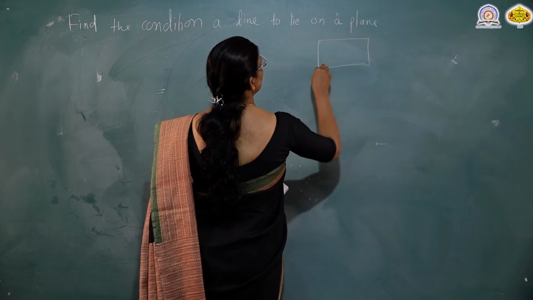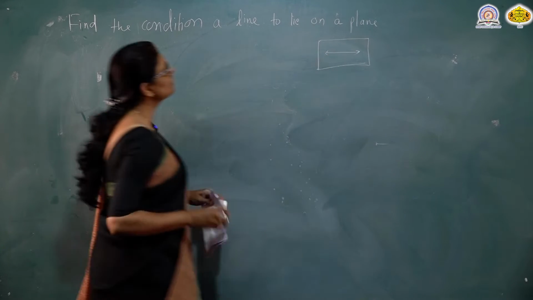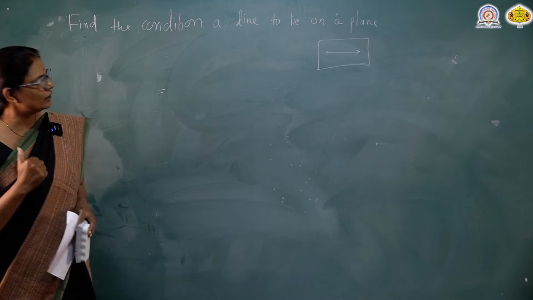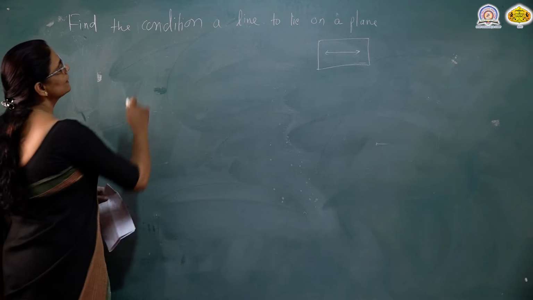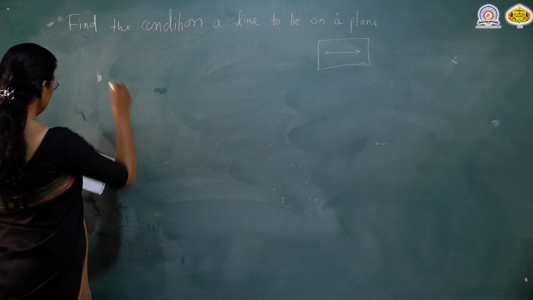So we consider a plane, and we want to find the condition for the line to lie on the plane. For that, first we consider the equation of the line.